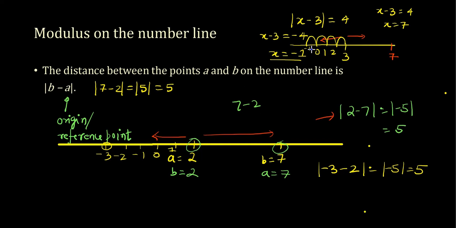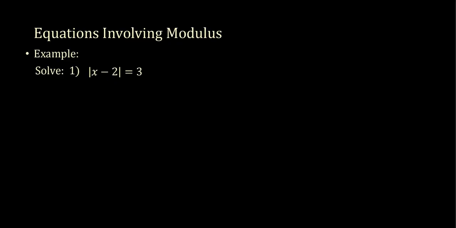This concept is very useful in finding the values of x in equations or inequalities which involve the modulus sign. So let us see the questions that come. Number 1 is we have to solve modulus of x minus 2 is equal to 3. Now there are 3 methods to solve modulus equations. Method number 1 is the graphical method.